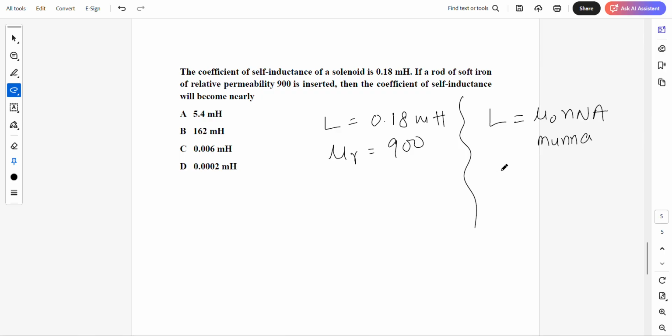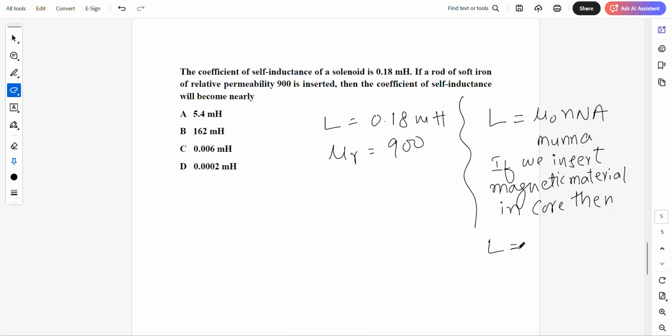Now, if we insert magnetic material in the core, then the formula will be the same, munna only, with an extra term: mu naught into mu r into NNA.